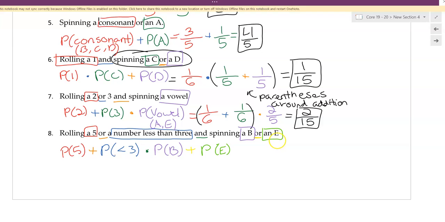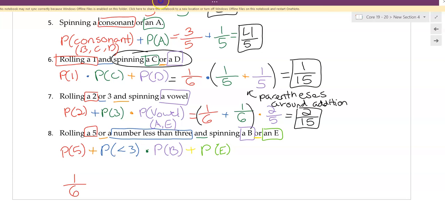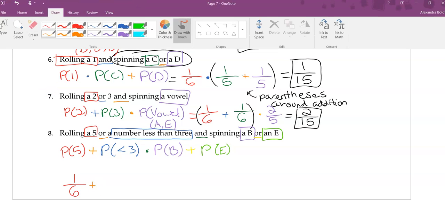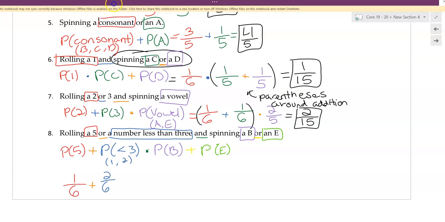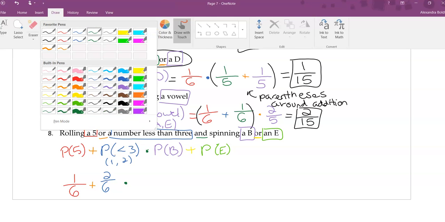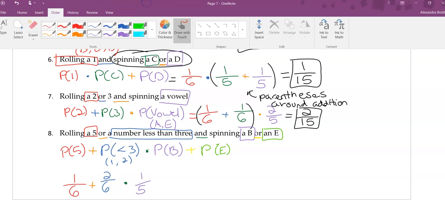All right. So then just doing our probabilities, the probability of 5, well, there's 1 5 out of 6 numbers on our die. And then we have our adding. Number less than 3, so we have to think about which of our numbers are less than 3. Well, 1 and 2 are less than 3, so there's 2 of them. So 2 of our numbers on our die out of the 6 of them. Now we're multiplying. The probability of a B, well, there was 1 B out of the 5 numbers.